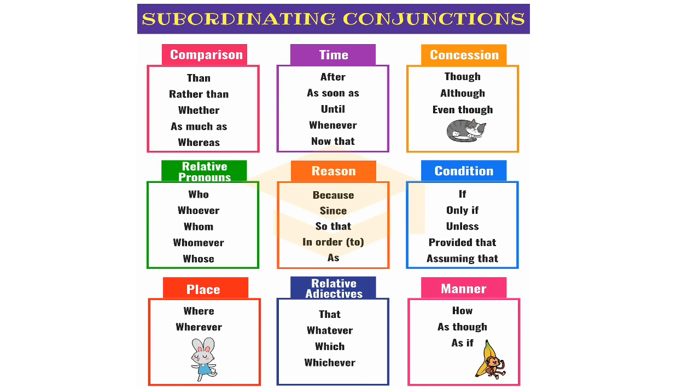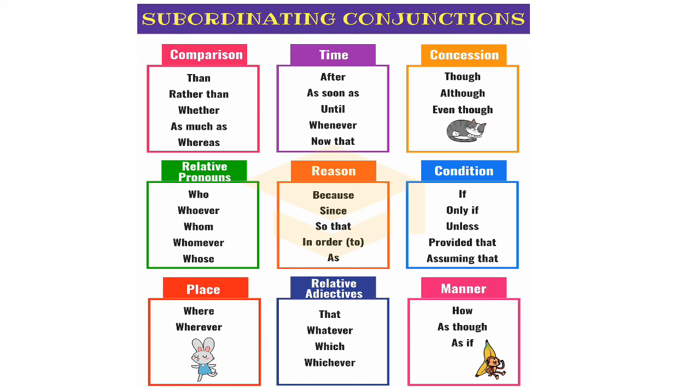Now coming to some types of subordinating conjunctions according to comparison, time, concession, reason, condition. These are a few things which you need to remember. These are the types of subordinating conjunctions and the moments when they are used, okay. So when we use comparison, we use than, rather than, whether, as much as.